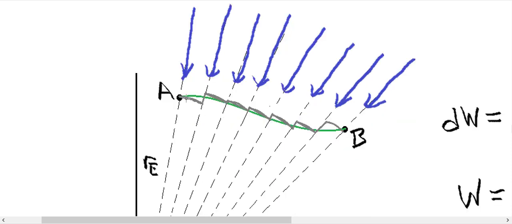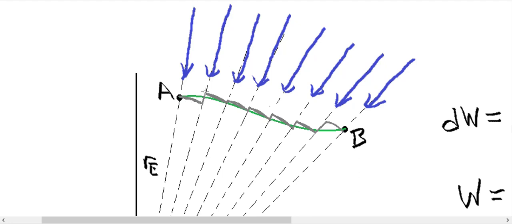We're going to take some arced path from this first dashed line to the second dashed line. And if we do that, remember that this radial force is going to be perpendicular to this gray path everywhere, right?